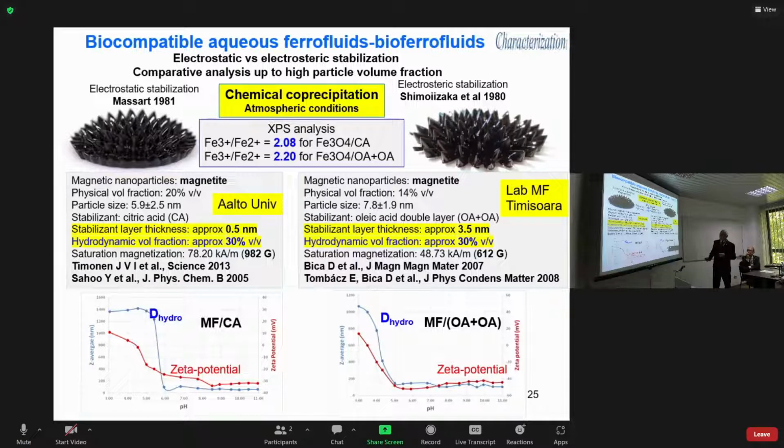You can look here. Yes. At the same time, the other one, this double layer steric stabilization, is only 600 gauss. The reason is very simple. You have the hydrodynamic volume is the same, 30%, but the outer layer in the steric stabilization is much thicker.